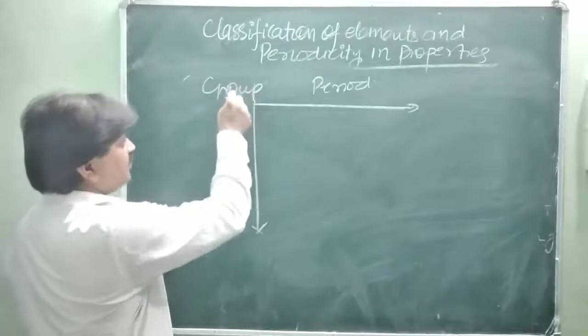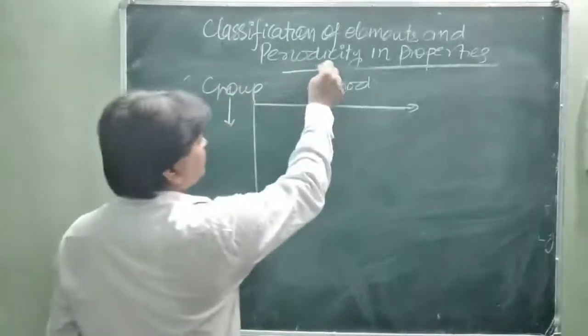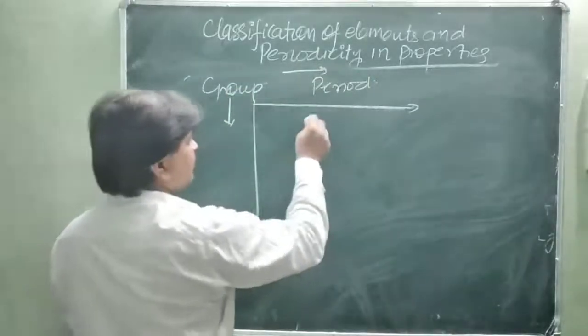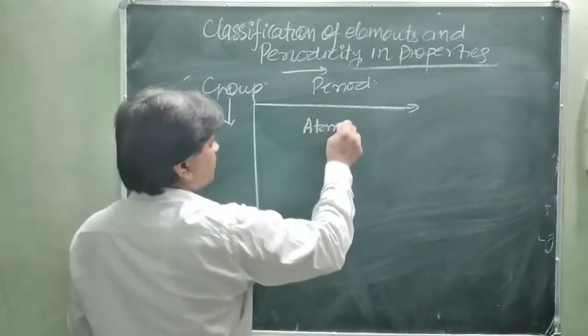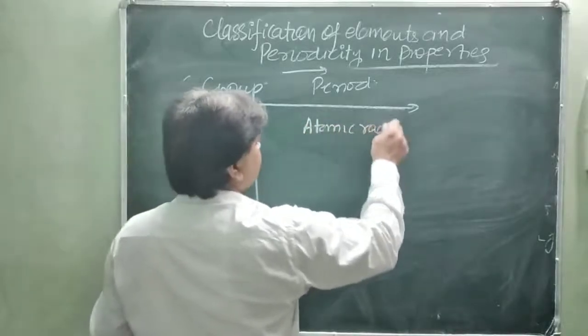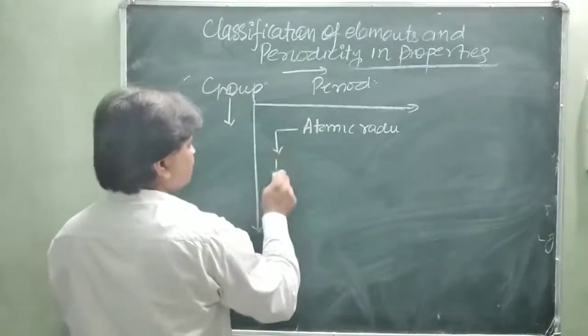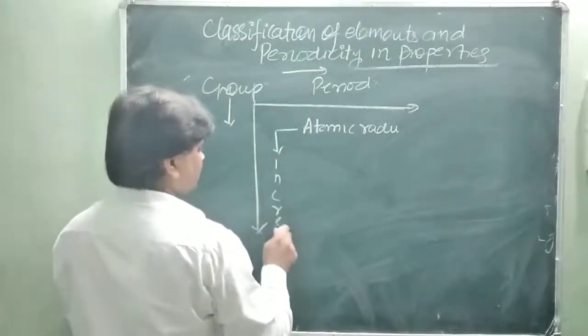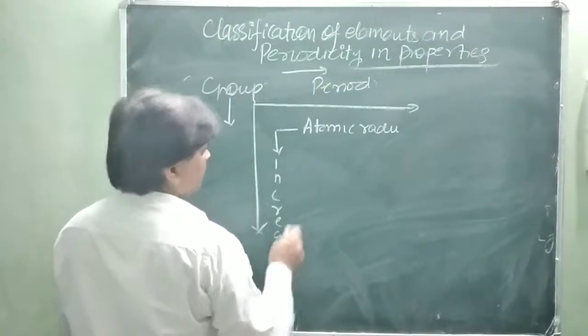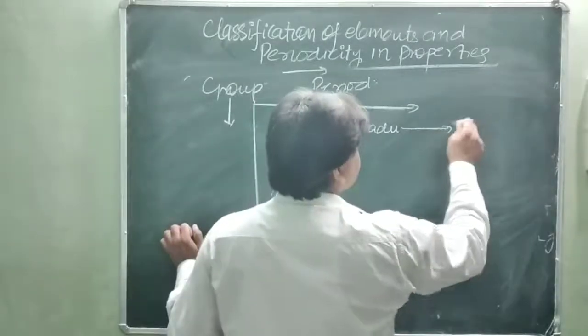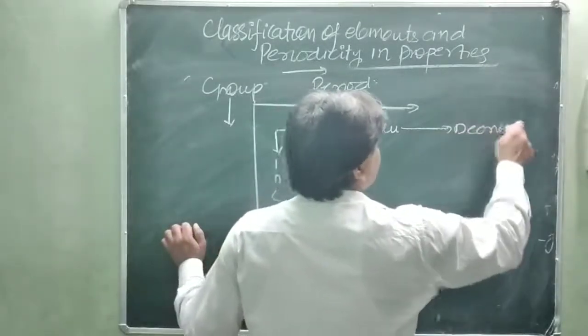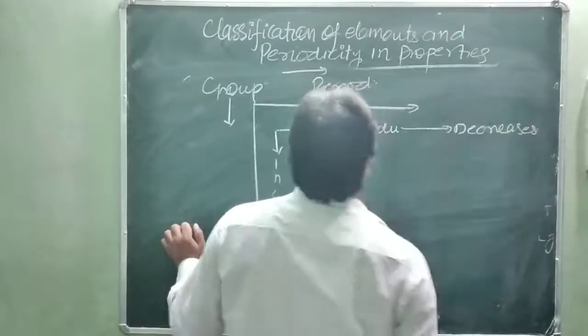Top to bottom is called the group, and left to right is across the period. So atomic radii increases top to bottom within the group and decreases left to right across the period.